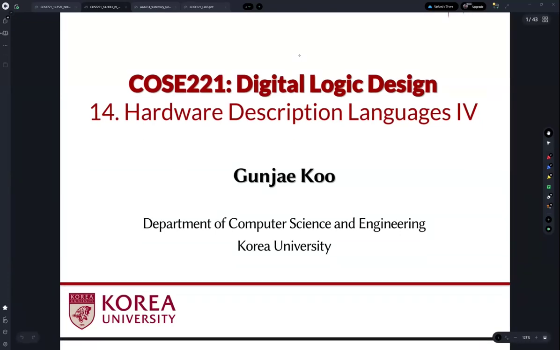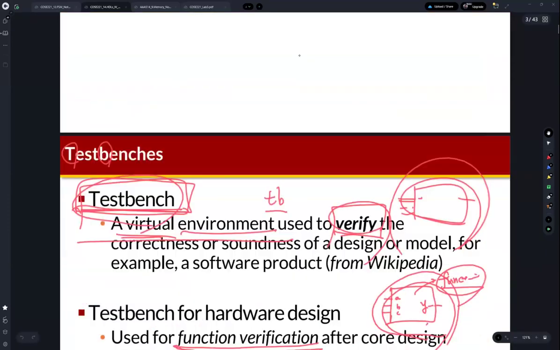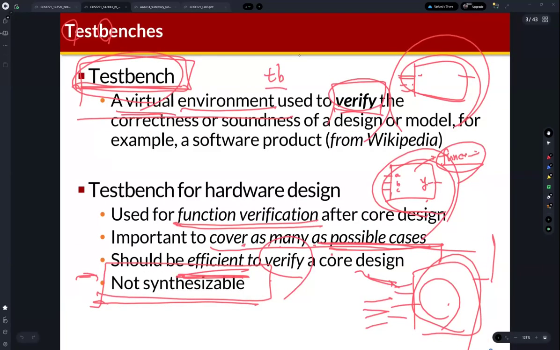So we learned about test bench design in SystemVerilog, right? And I mentioned that this is also very important, because we take a very long time for verifying our design.